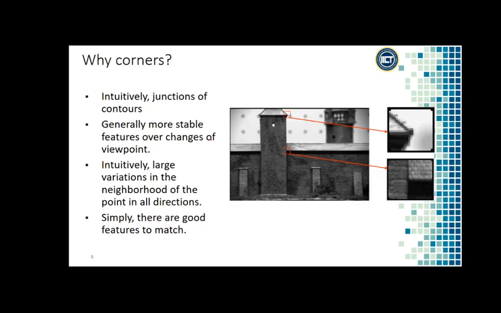We consider these large variations as good features because they occur rarely in that particular image. They are not common when you move the sliding window from left to right, and top to bottom. So there will be some distinctness in those corners, rather than in those patches which are homogeneous in the particular region.